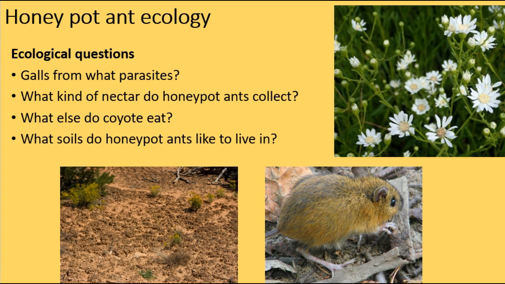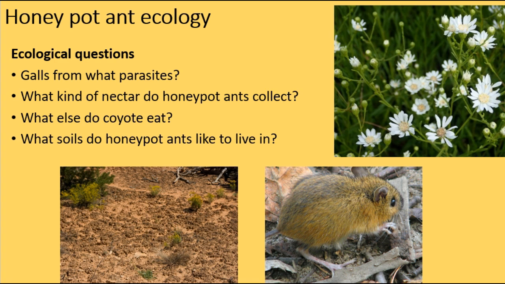Okay, and then we want to think about our food web and one of our top predators being a coyote. What do coyotes eat? Do they eat the jumping mice? And then finally, what kinds of soils do the honeypot ants like to live in? Maybe they prefer these microbiotic soils.